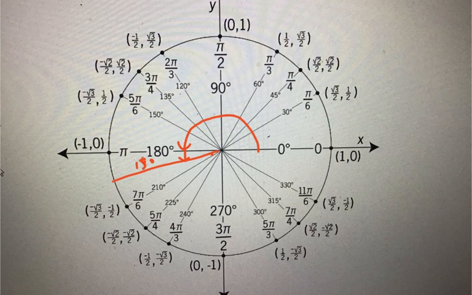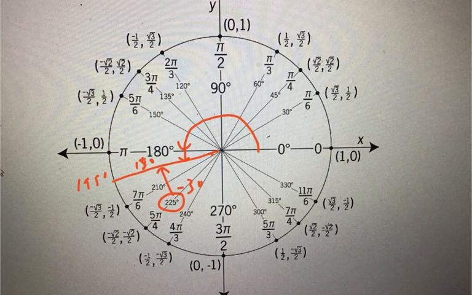Since I know 195 is in quadrant 3, I want to start with one of the angles I know in quadrant 3. You just have to think. For example, I figured out that if I do 225 and I take away 30, I get back to 195. So that's going to be the trick, just trying to figure out a combination.